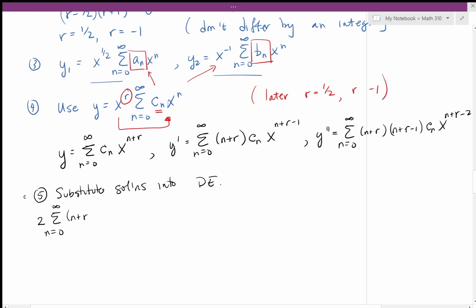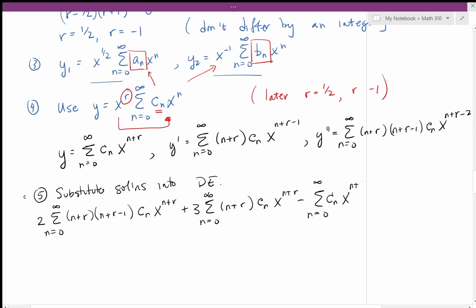So this is y double prime, plus 3 times the sum to infinity n plus r Cn x to the n plus r minus the sum n equals 0 to infinity Cn x to the n plus r plus 2 minus the sum n equals 0 to infinity Cn x to the n plus r, and that's all going to be equal to 0.